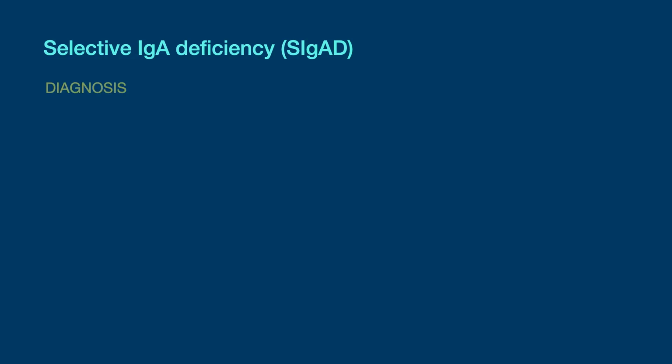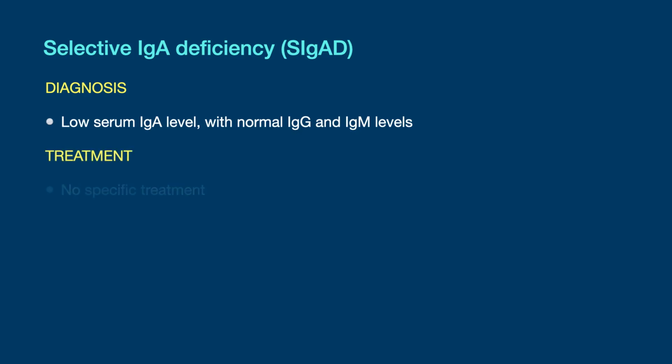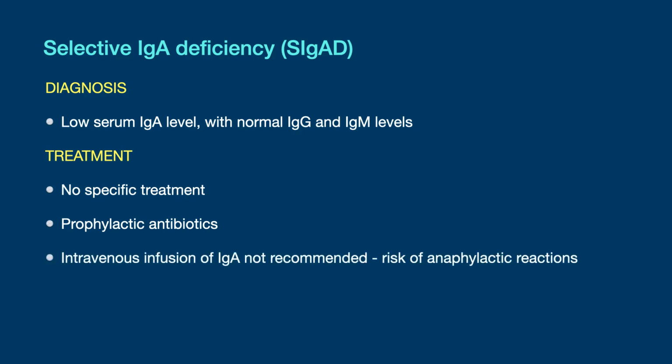To make a diagnosis, you need to measure the serum IgA levels, which will usually be low, with normal IgG and IgM levels. There is no specific treatment for selective IgA deficiency. Prophylactic antibiotics can be given. Intravenous infusion of IgA is not recommended because of the risk of anaphylactic reaction.